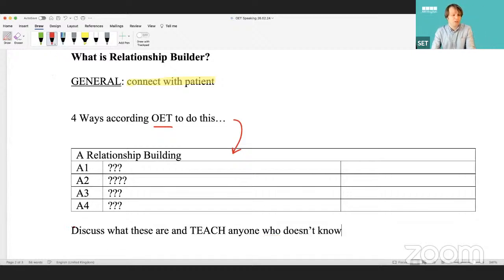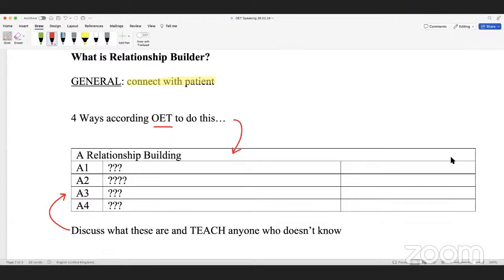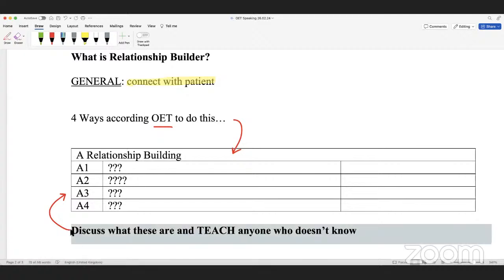Okay, so we're just going to do that now, guys. Okay, so those guys are in there. Most people should be in the groups now, just discussing the meanings of these things.